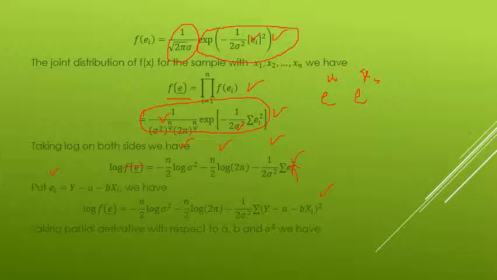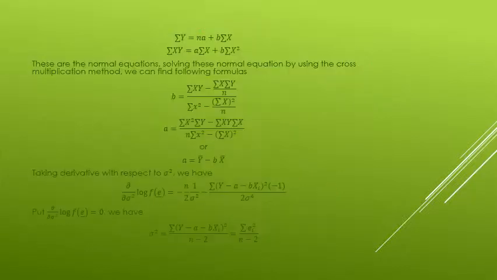Now this likelihood function is ready, and we can take partial derivatives with respect to a, with respect to b, and with respect to sigma square. If we take the derivative with respect to a and with respect to b, and solve the two equations, we come to these values.